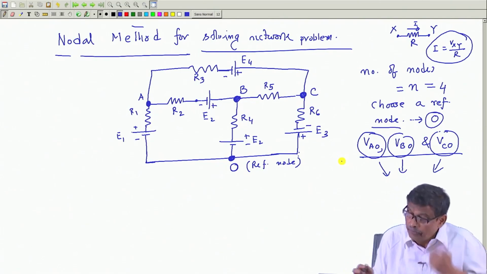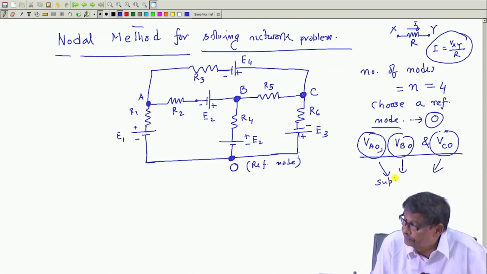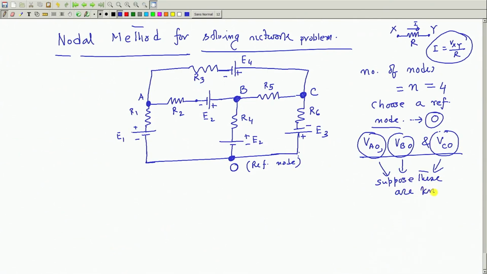Why? Suppose these are known, then all the branch currents can be calculated using those three pieces of information alone. How? Let us see. For example, say I want to calculate the current in this branch.